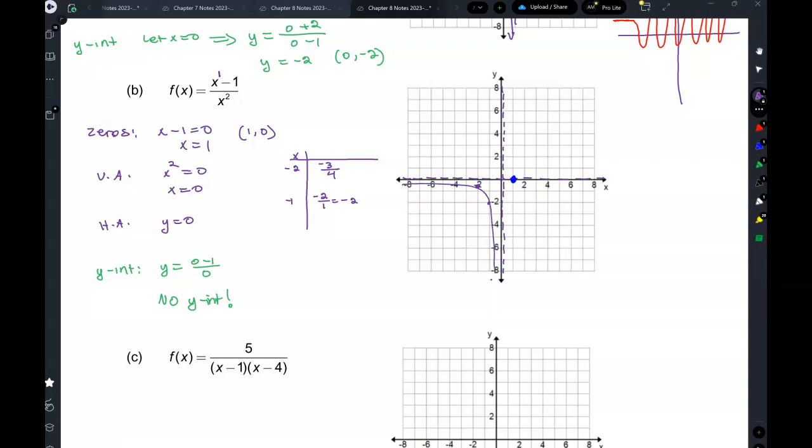This one has a little bit of a plot twist. Remember how I told you when it exits off the bottom, it re-enters from the top? Except, you see this vertical asymptote of x equals 0? Where did it come from? It came from here.